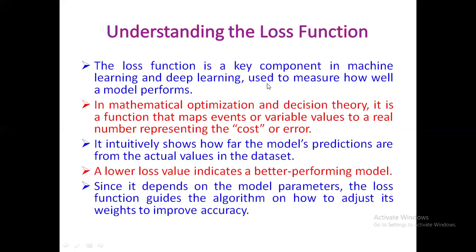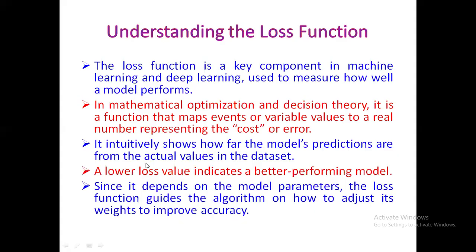The loss function plays a central role in machine learning and deep learning because it measures how well a model is performing. In mathematical optimization and decision theory, a loss function or cost function will be used. We will see later what the difference is between cost function and loss function, or error associated with a prediction.